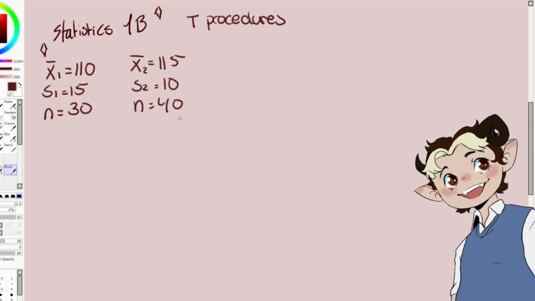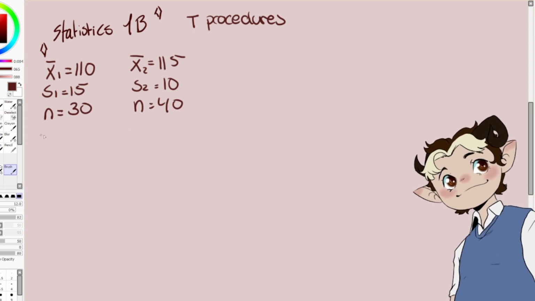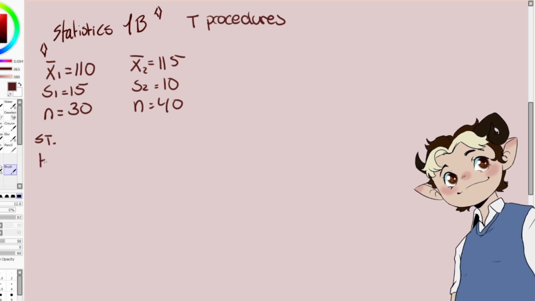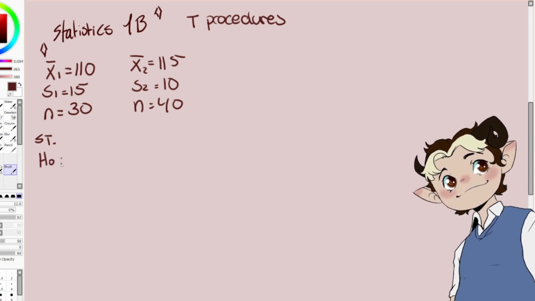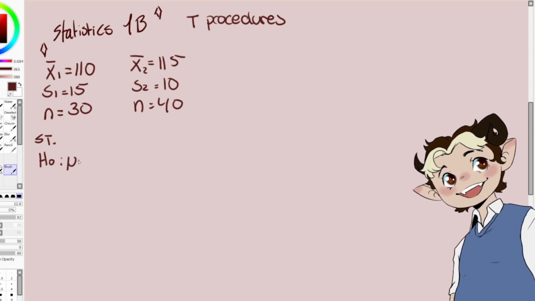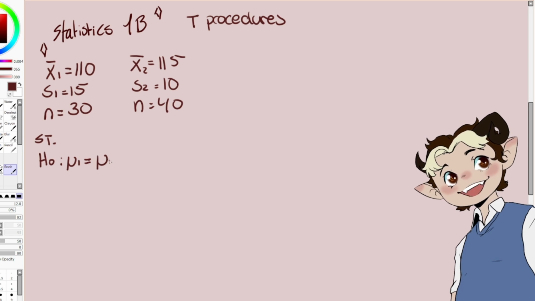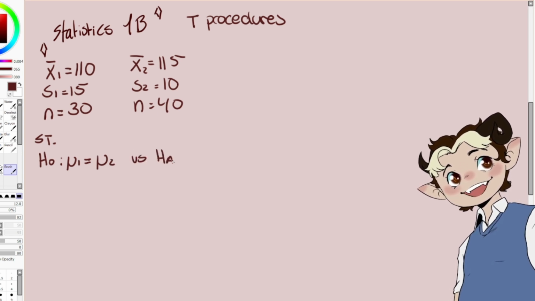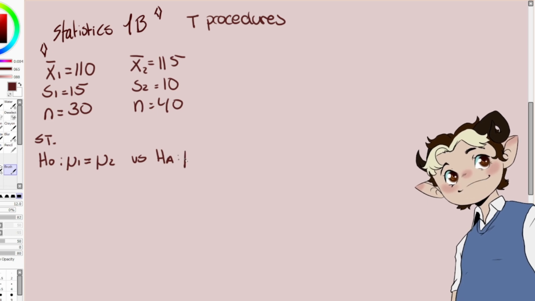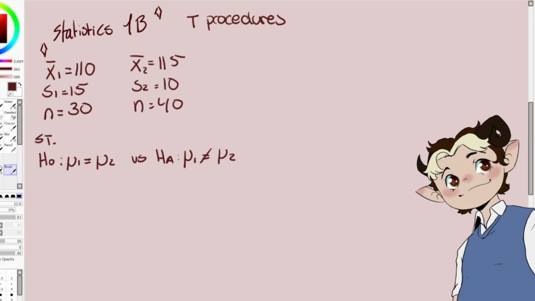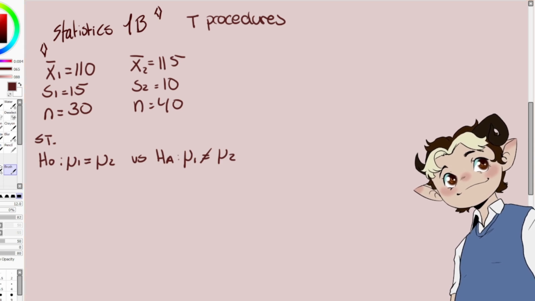Now let's first do the significance test. So first, we have to do our hypotheses. Our null hypothesis is that sample 1 and sample 2 are the same, versus our alternative, that sample 1 and sample 2 are not the same, that there is a difference between the two of them.